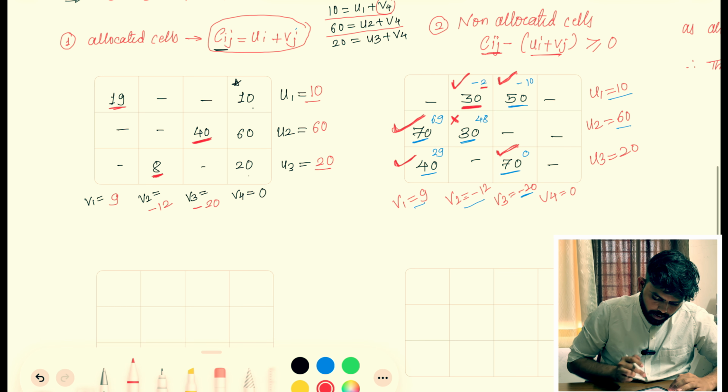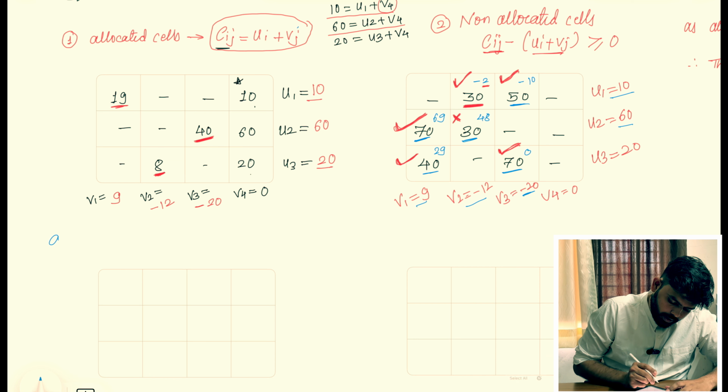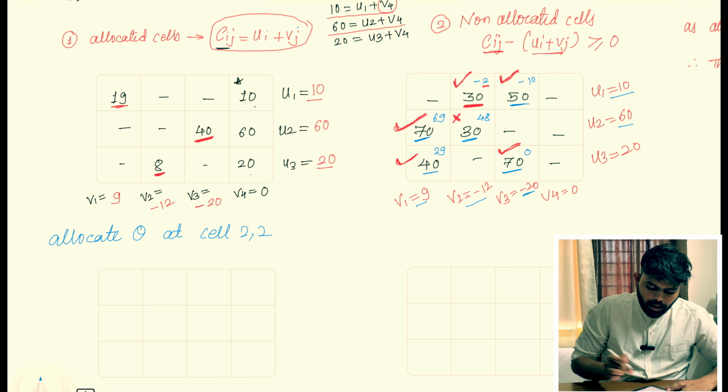Here let me write down some important points for you. We will allocate theta at cell 22. So at that position we will allocate theta.